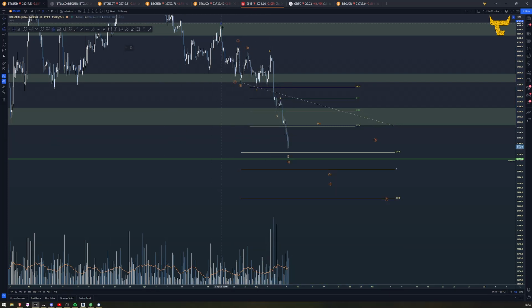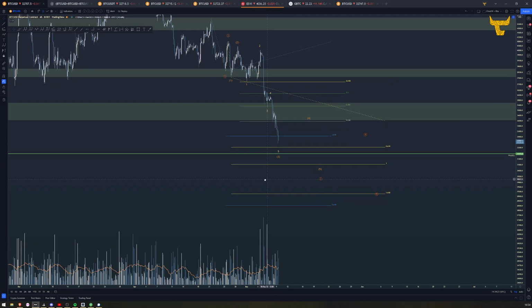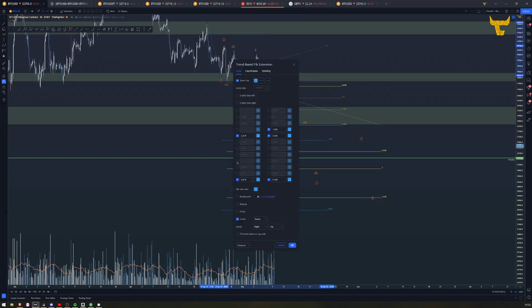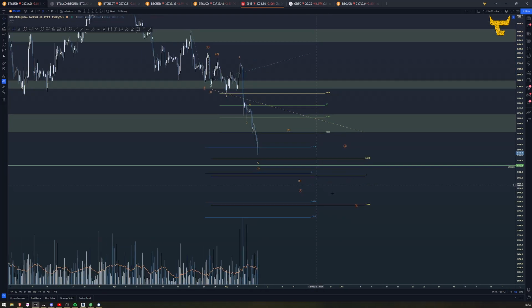And let's take now again a target for wave 3 and this one. Let's add one in the middle, if you want.